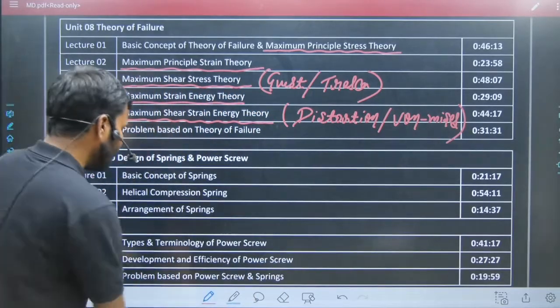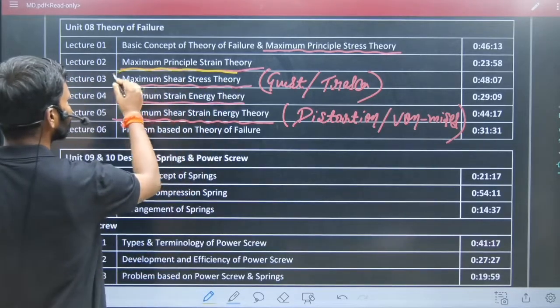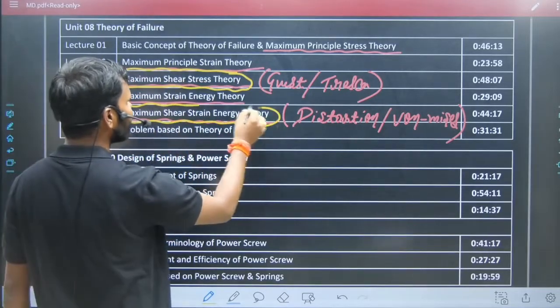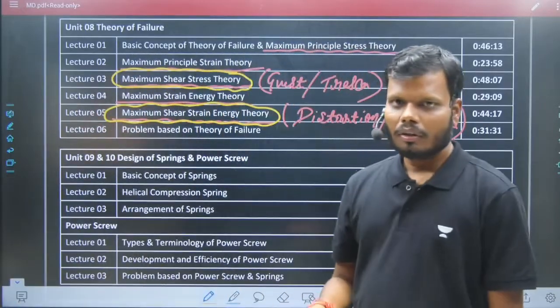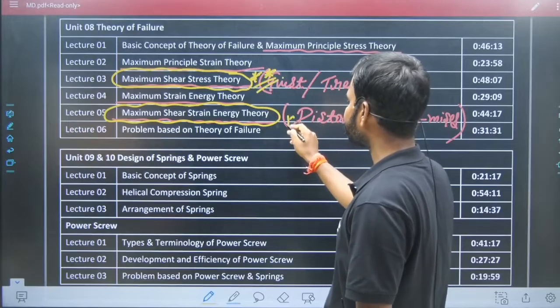From the GATE point of view, 2 theories of failure are very important: maximum shear stress theory, and second one is maximum shear strain energy theory, that is distortion or von Mises theory. These 2 theories of failure are very important for the GATE examination. See carefully.